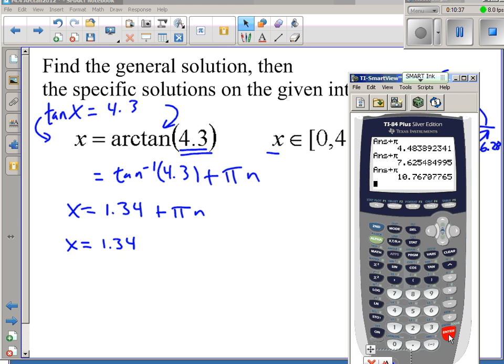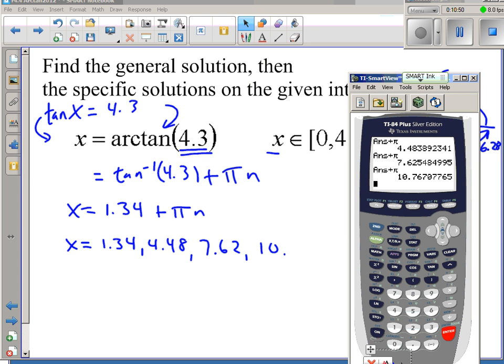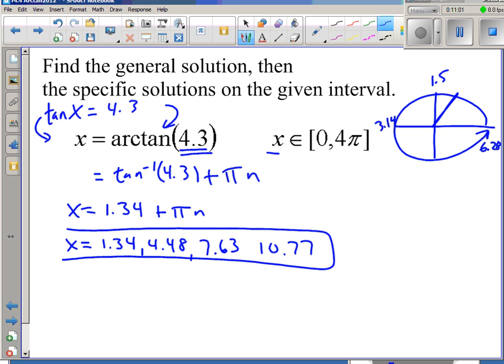All right, let's see if I can write all these. And then it was a 10 point something. 7.7. And there's all my answers from 0 to 4 pi.